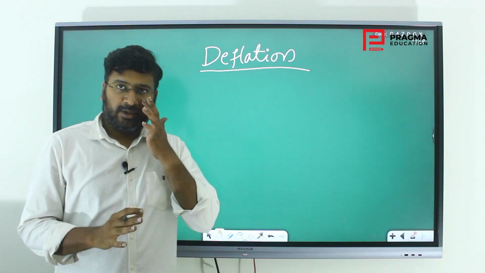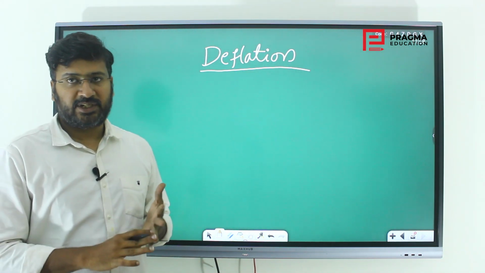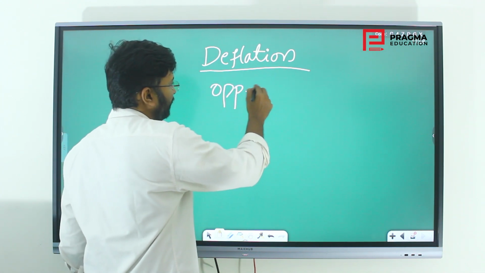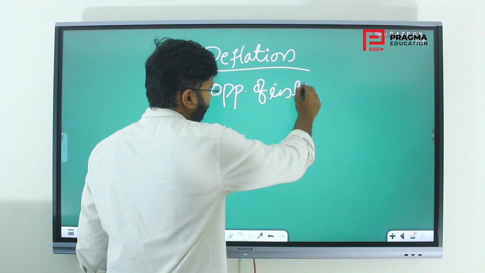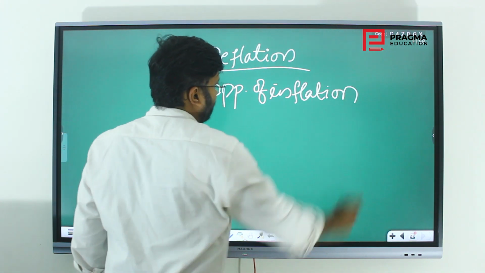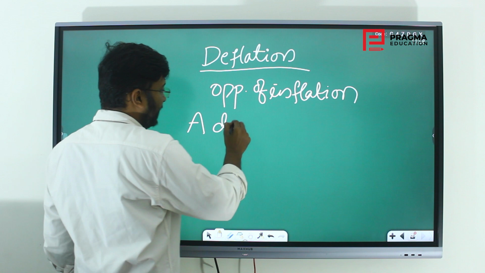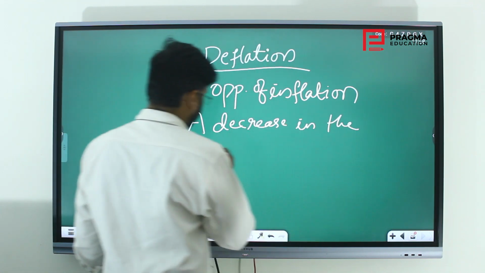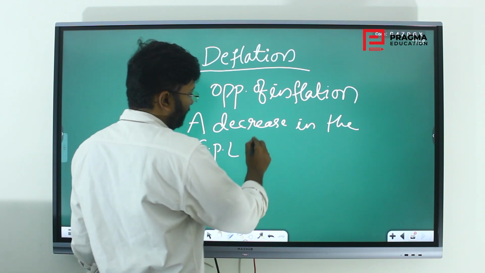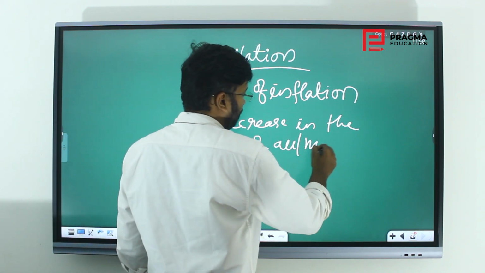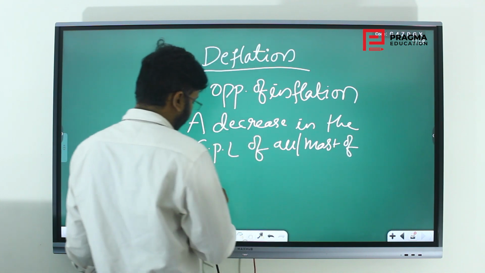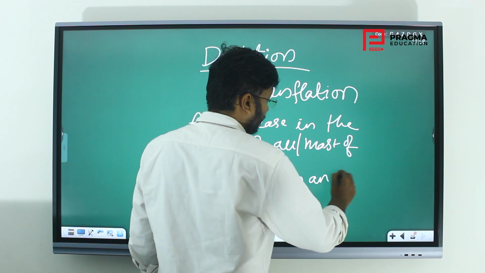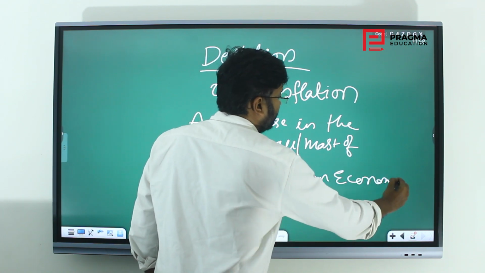Deflation is very simple. Don't get confused between deflation and disinflation. I'll tell you. Deflation is nothing but the opposite of inflation. It means a decrease in the general price level of all or most of the goods and services in an economy.